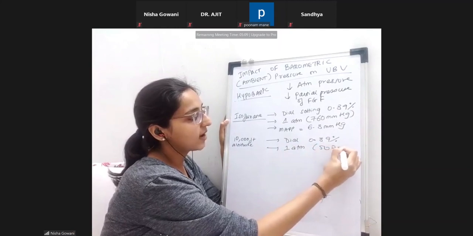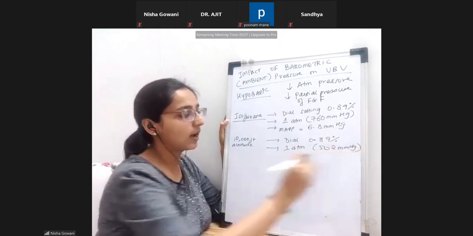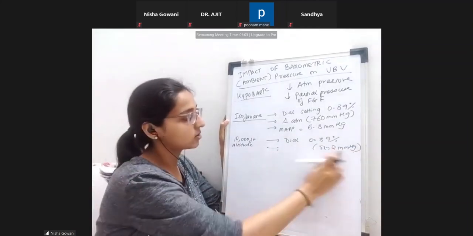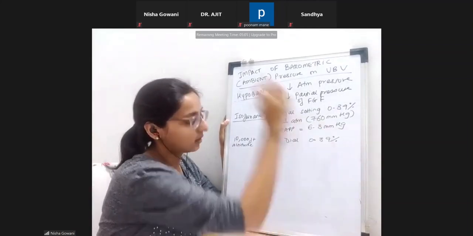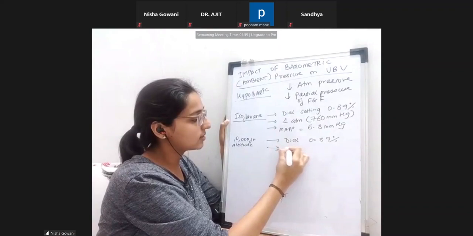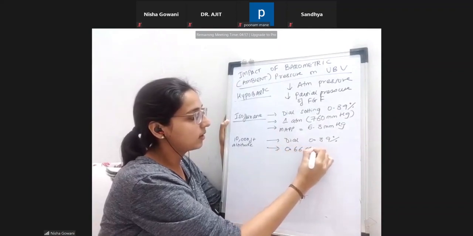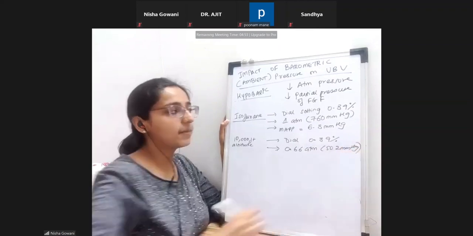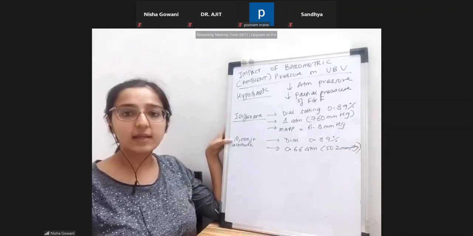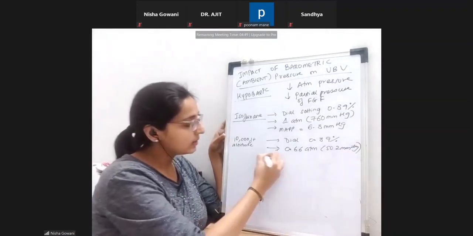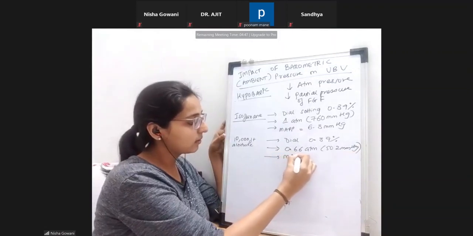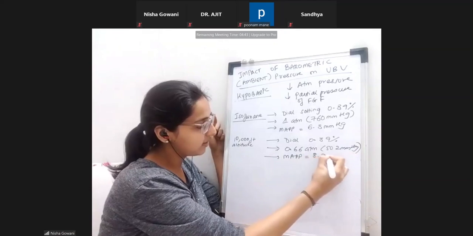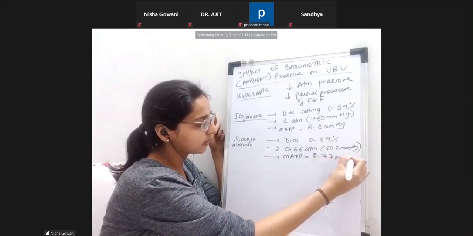The value at the altitude is 0.66 ATM, which is 502 mmHg. This is the ambient pressure at an altitude of 10,000 feet. Here, the MAP they found was 8.7 mmHg.